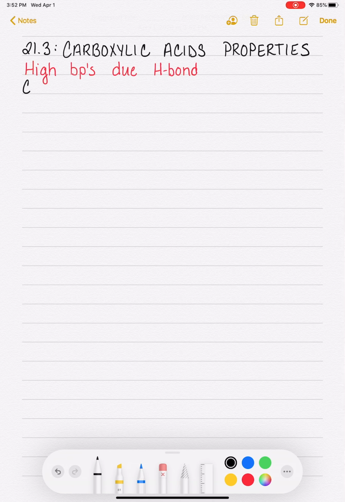They hydrogen bond to each other in pairs, and these pairs of hydrogen bonded carboxylic acids are called dimers.